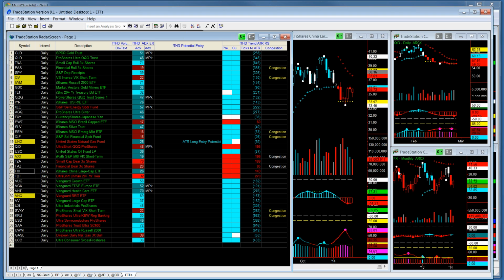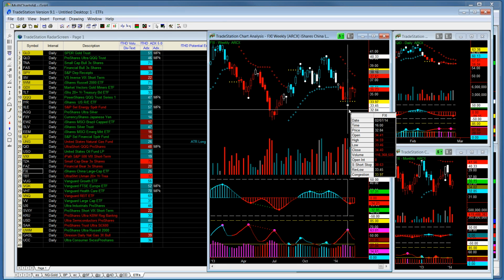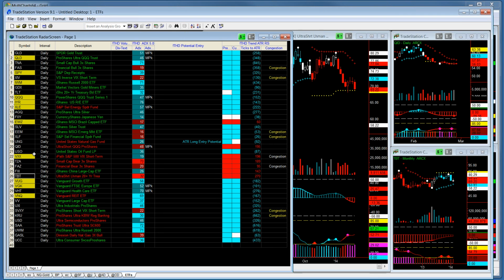Nothing. FXI. Okay, you just came back to this congestion dot on the diverging volume. You do have resistance above you at 41.56. Yeah, that would be one, maybe a credit spread, if the spread was enough.